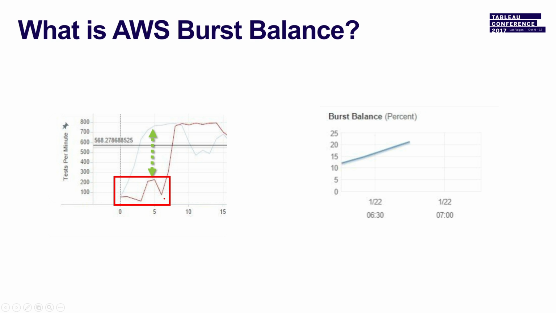And the reason for this is when we started this test run, we'd actually exhausted all of our burst credits. And you can see as the test progresses on in terms of about 10 minutes, we start to renew some burst credit and the performance shoots back up. So this is an important metric to watch because when Tableau Server gets hit hard, and if you do run out of burst balance, you can see a significant drop-off in performance.